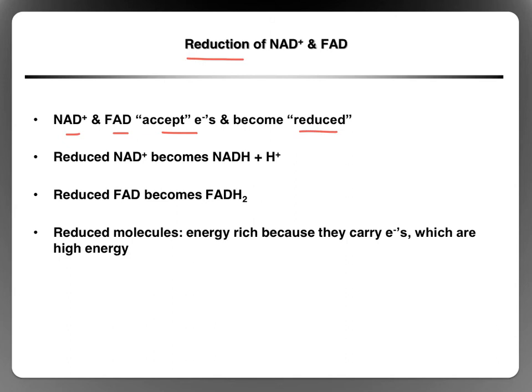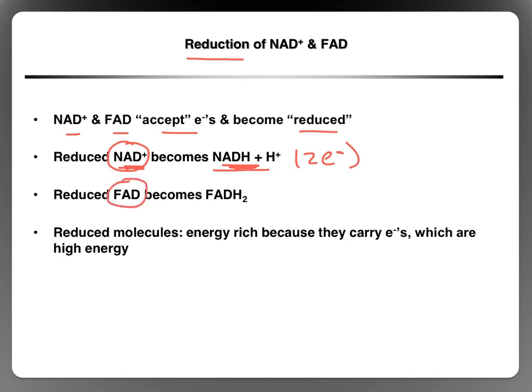So at some point, NAD picks up hydrogens and electrons, becomes NADH plus H plus, and remember there's also two electrons there. Therefore, we will say that NAD is reduced, and its reduced form is NADH plus H plus.